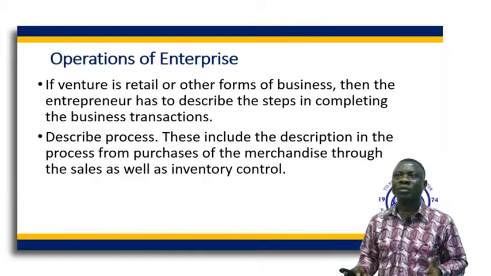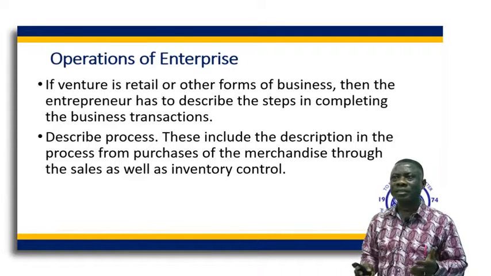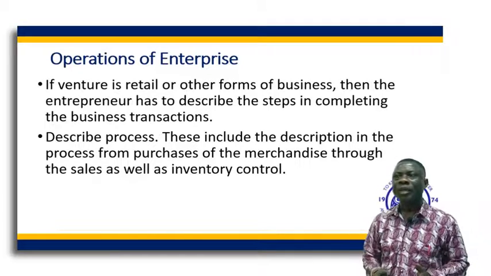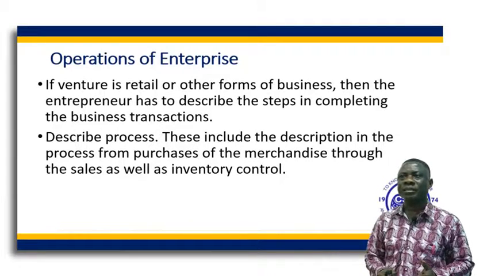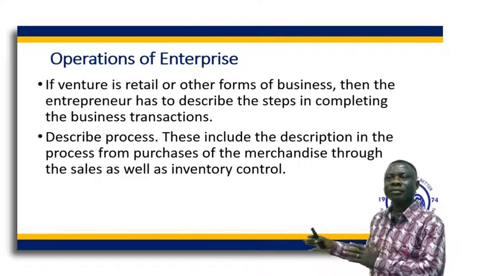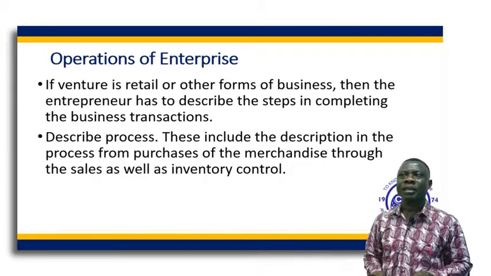In which case we are talking of what we call the FIFO, first in, first out. The FIFO system of arrangement. So the purchases of the merchandise via the warehouse should go through such a process.